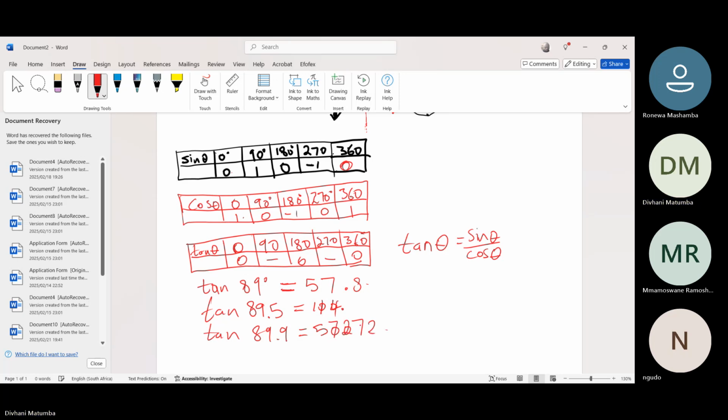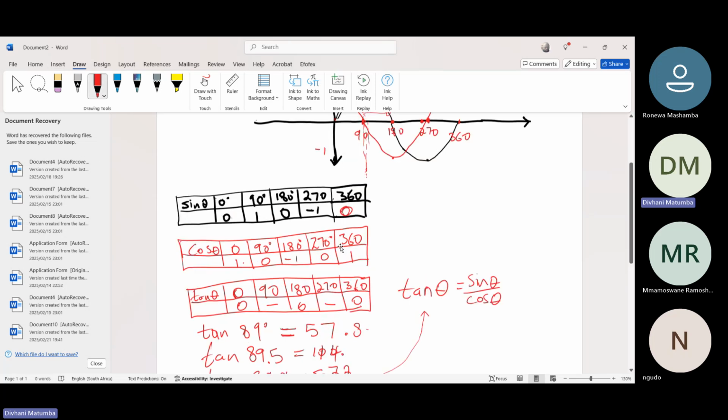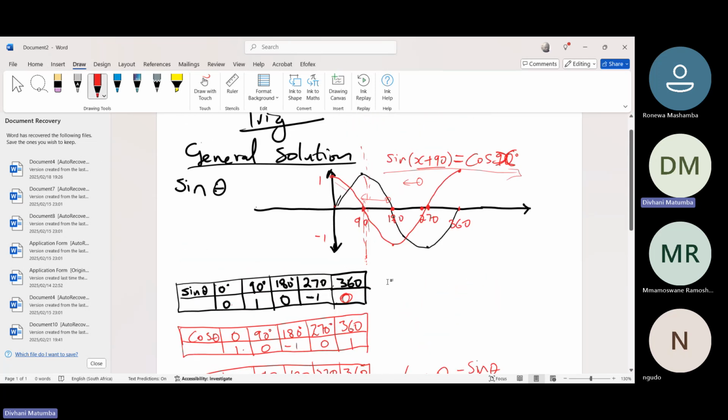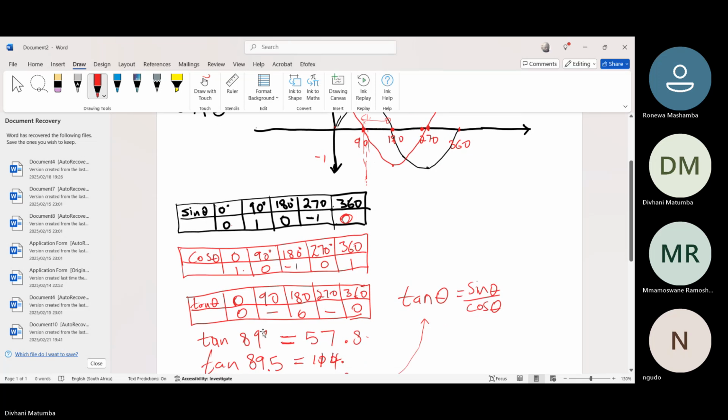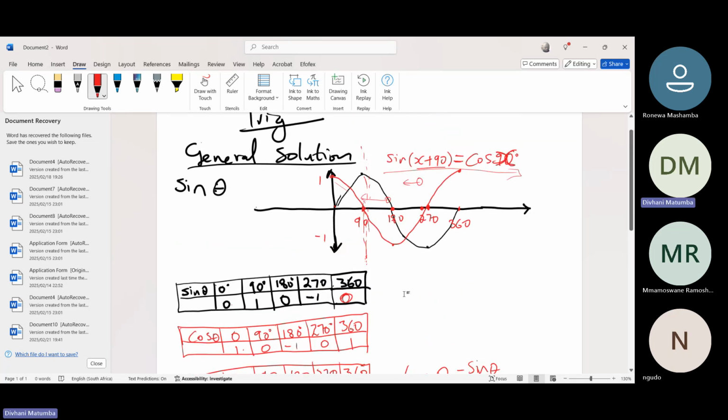So I wanted you to notice something, that as soon as you increase the angle for tan coming from 0, the value increases drastically. But when it reaches 90, it becomes undefined. What does that mean? It means your graph will look like this.